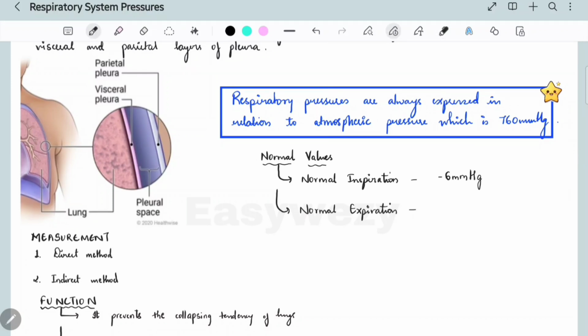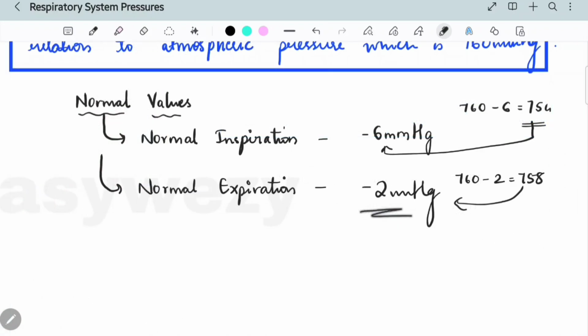At the end of normal expiration, we have -2 mm of Hg as the pressure. Means what? 760 minus 2, which is 758 mm of Hg.